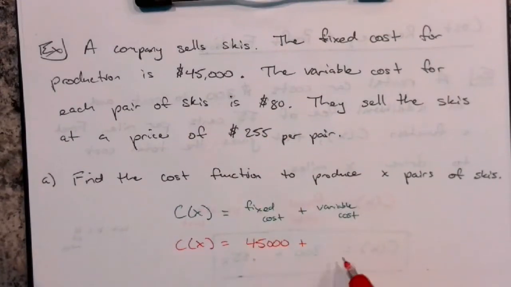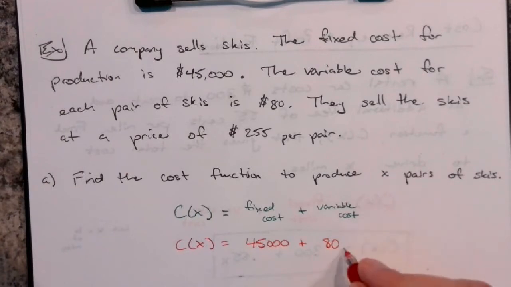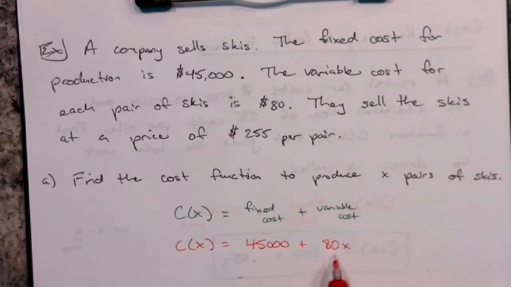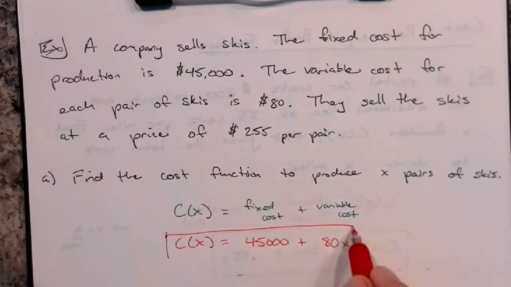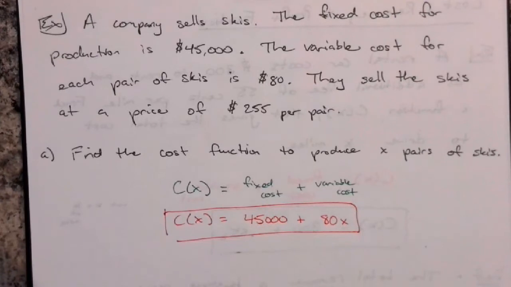So it's not just plus 80, it's 80 times the number of pairs of skis you produced, which is x. So 80 times x will be the variable cost for x pairs of skis, plus the 45,000 gives you the total cost. And this is it, it's a function. You're not going to get an answer here that gives you a solid number. It's actually giving you a formula that you can use to figure out the cost for any number of pairs of skis larger than 0.